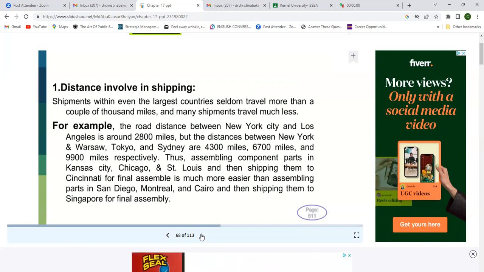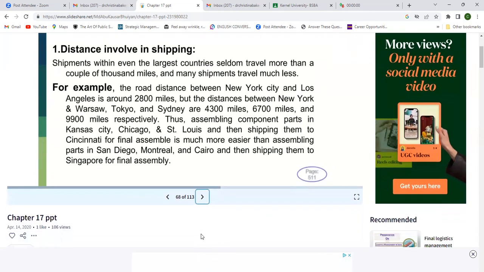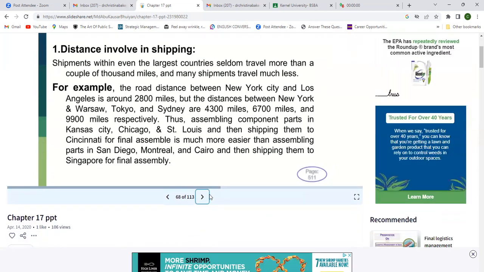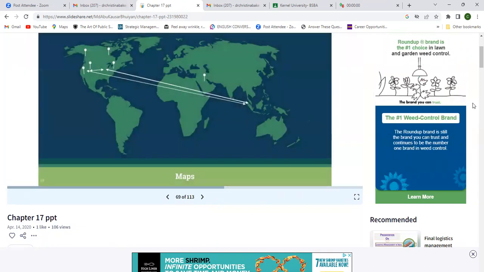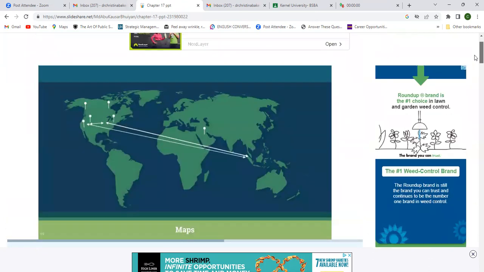Thus, assembling component parts in Kansas City, Chicago, and St. Louis and shipping them to Cincinnati for distribution is much easier than assembling them in San Diego, Montreal, or Cairo and shipping them to Singapore for final assembly. Here's a picture of the maps.